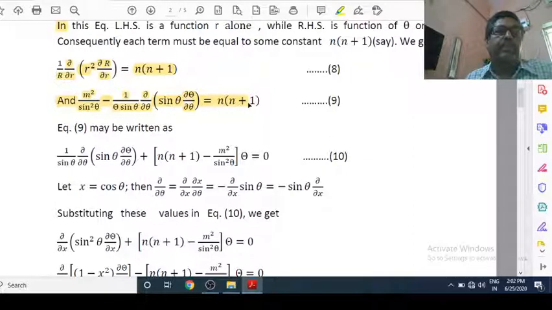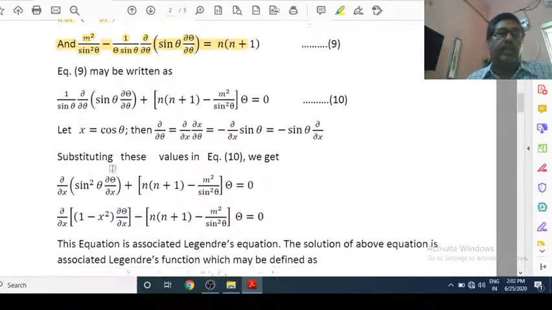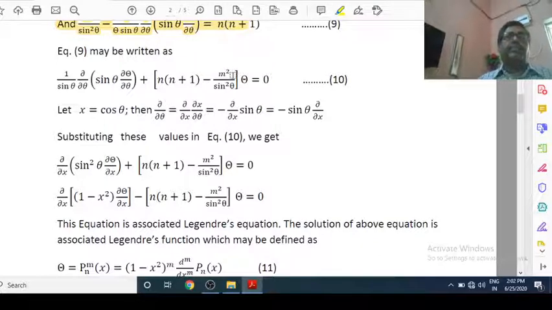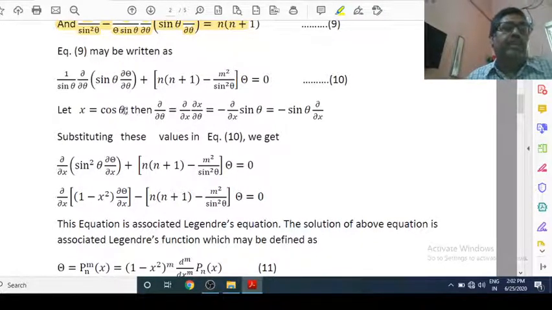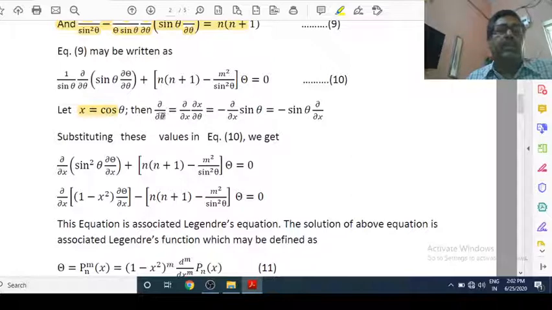This n plus 1 is here, and m square by sine square theta is taken to this side, and this capital theta is here, and the rest of the terms as they are. Now to solve this equation, we assume x is equal to cos theta, then sine theta is equal to the square root of 1 minus x square, and if we take the differentiation with respect to theta, we can write del by del theta like this: divided and multiplied by del x.